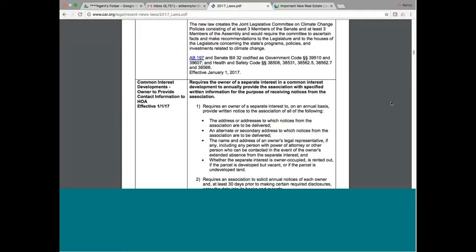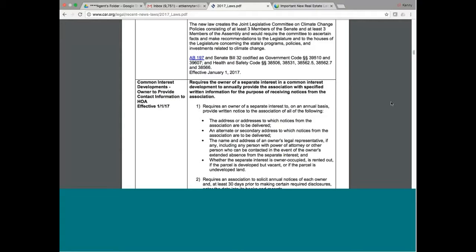So if you're managing a condominium complex or townhome complex as a property manager, you need to know this new law because you are going to require each resident of the units that you manage to let you know where to send legal notices.